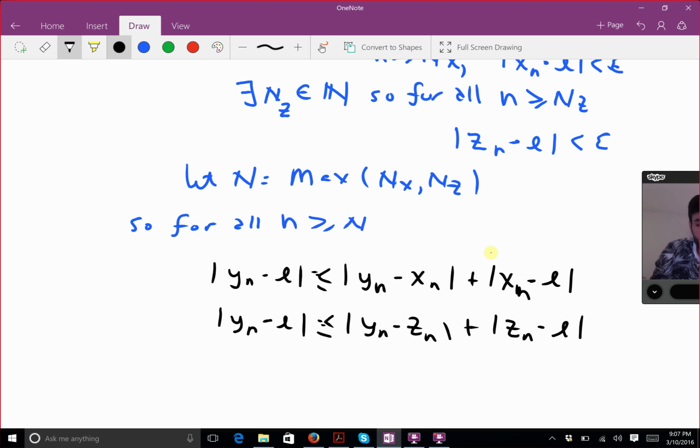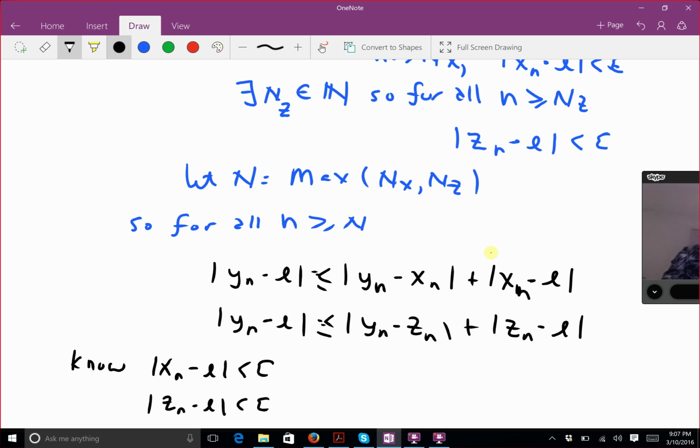So here's what I know. |x_n - L| is less than epsilon, and |z_n - L| is less than epsilon, because I chose the larger of these two N's.